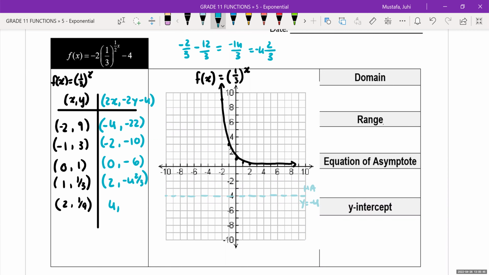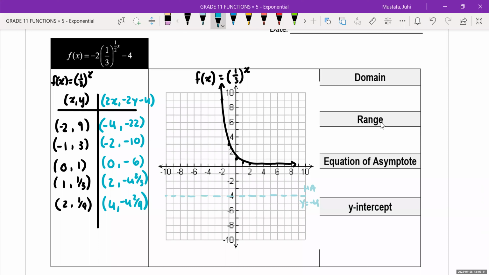You're probably going to have to do a little bit of work on this. -2 times 1/9 is -2/9 minus 36/9. So this will be -38/9, which is the same as -4 and 2/9. So just a little bit of fraction work to figure out what those points are.